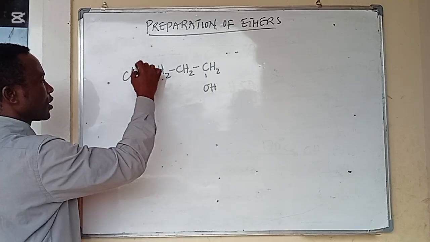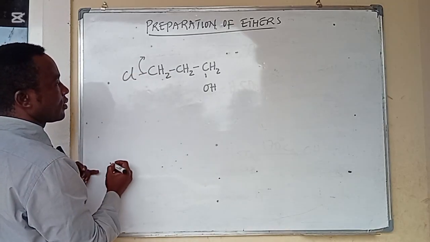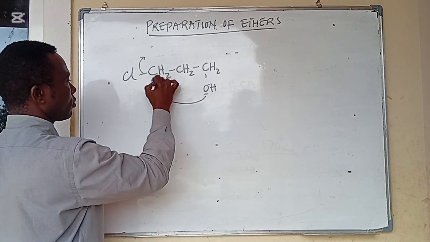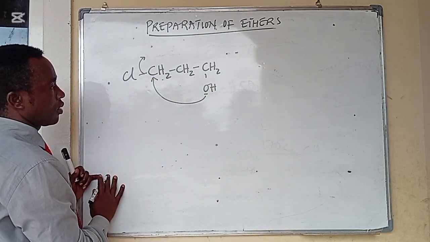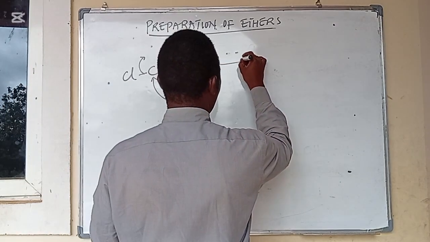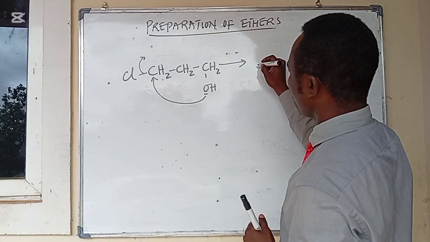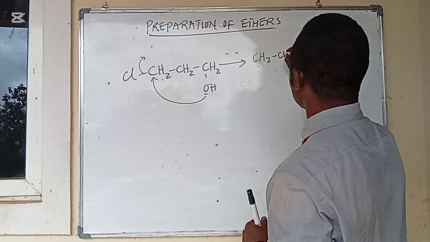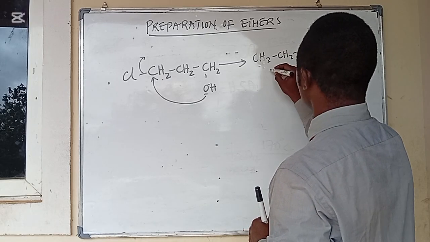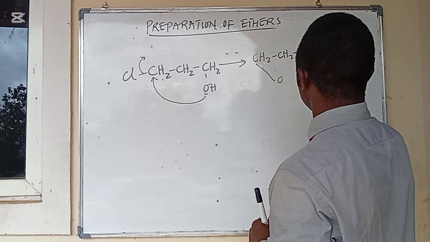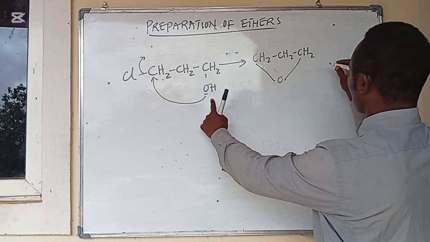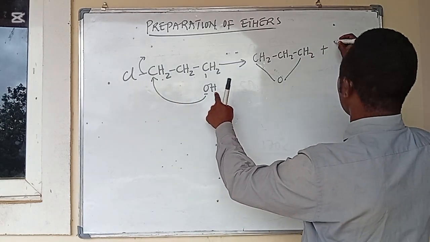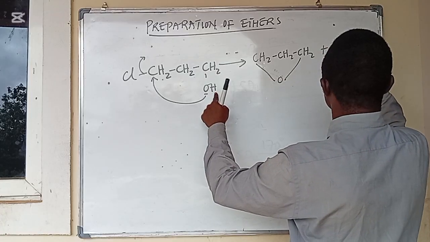Now this chlorine can leave this compound. When chlorine leaves, this oxygen will come here to attack. Now what will happen is that we will be having CH2, CH2, CH2, and here will be oxygen. They share this oxygen, plus the chlorine and the hydrogen that leaves here will give you HCl.